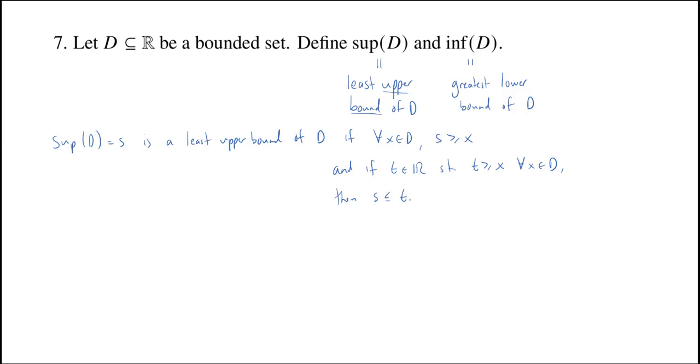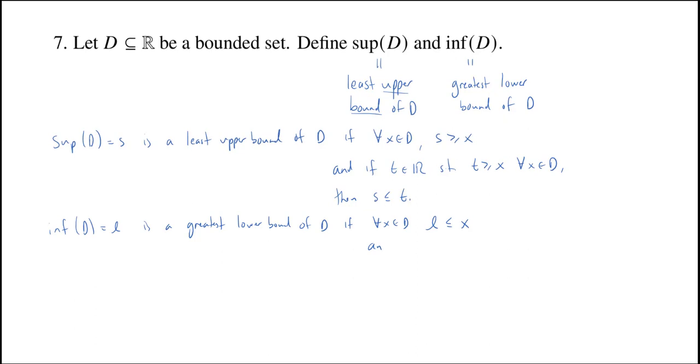Of course, the infimum we are going to write down more or less the same way, so maybe I'll call this little l. And this is going to be a greatest lower bound of D if for all x in D, now we want l to be less than or equal to x.